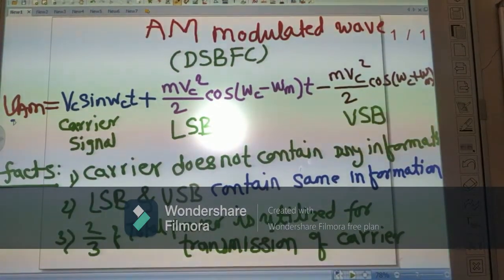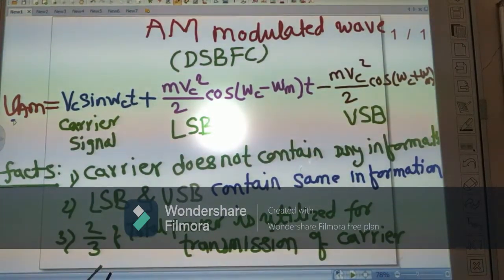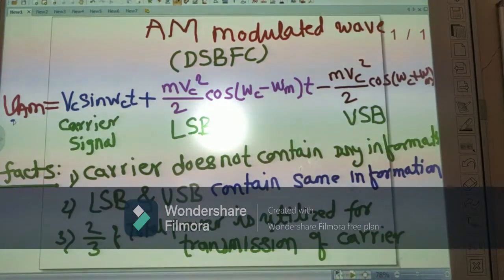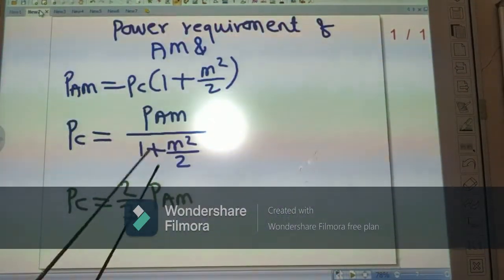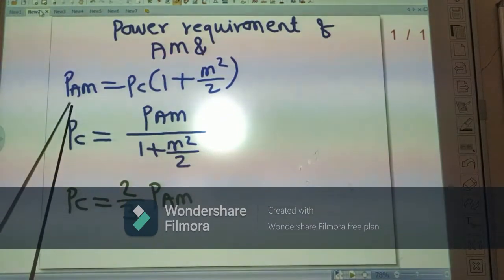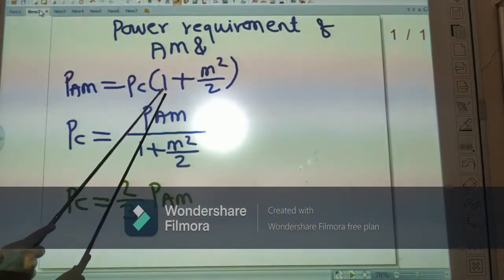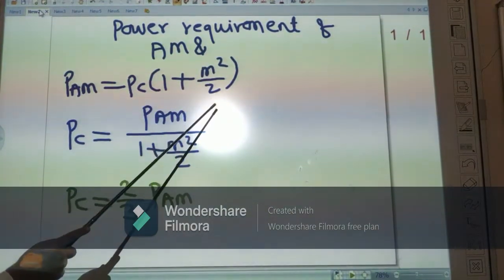Third, 2/3 of the total power gets utilized for transmission of the carrier signal. So almost 66% of the total power is utilized in transmitting the carrier signal in case of the double sideband full carrier technique. For the power requirement, PAM is PC into 1 plus m square by 2.